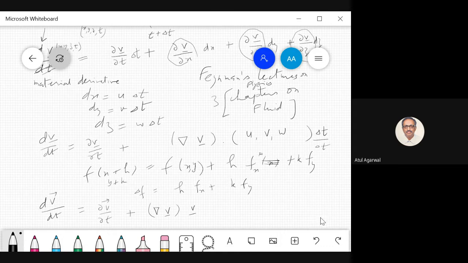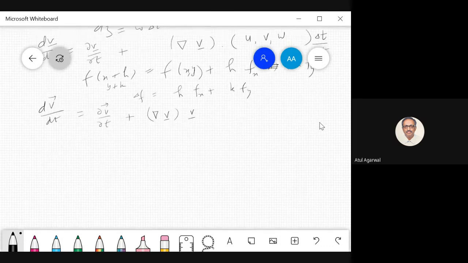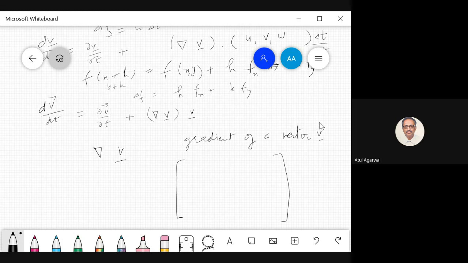Now let us see what is the meaning of gradient of v. So we are finding a gradient of a vector. So I'll just write a matrix.